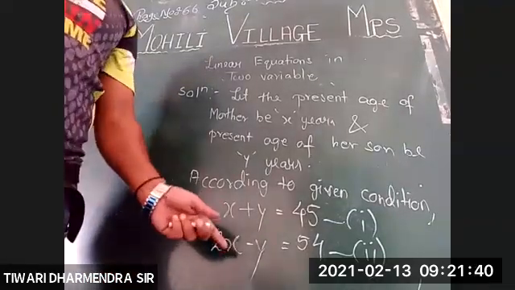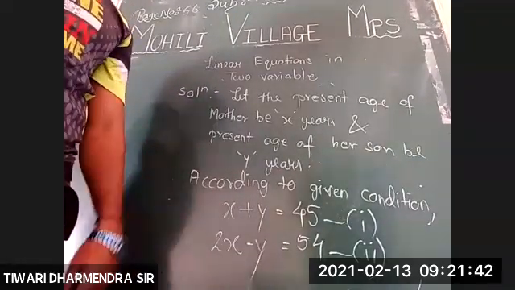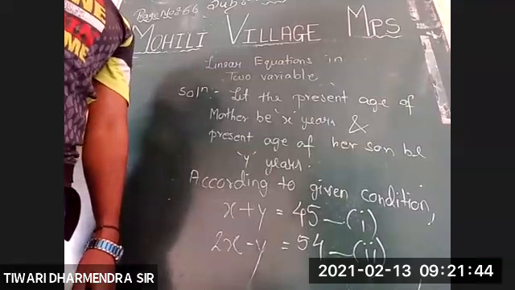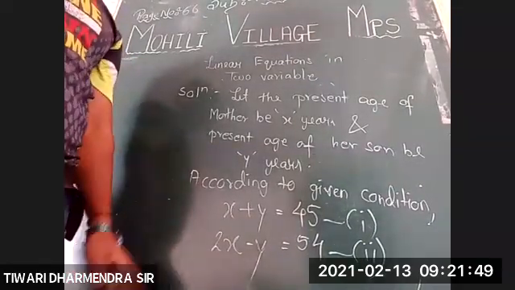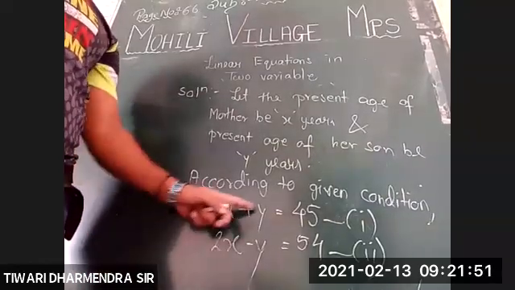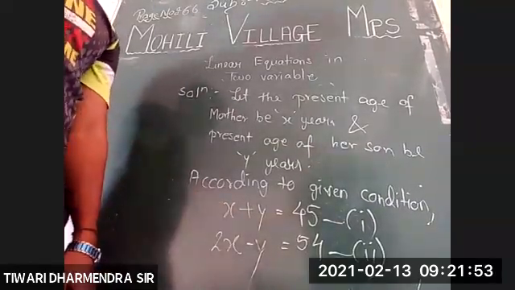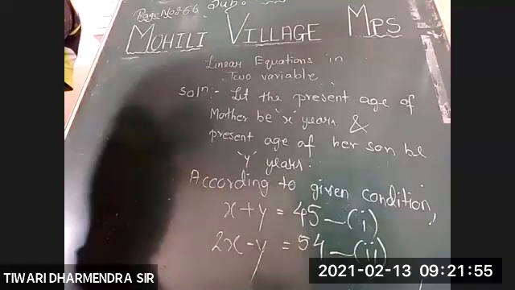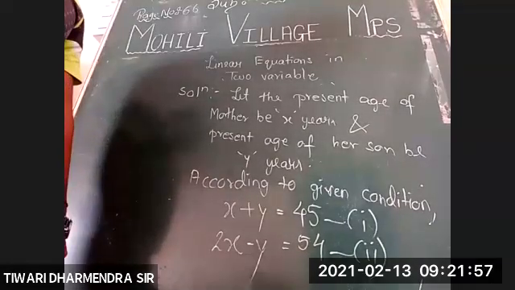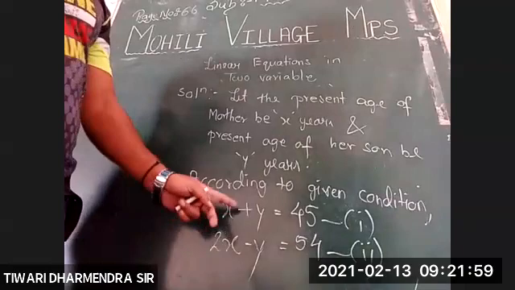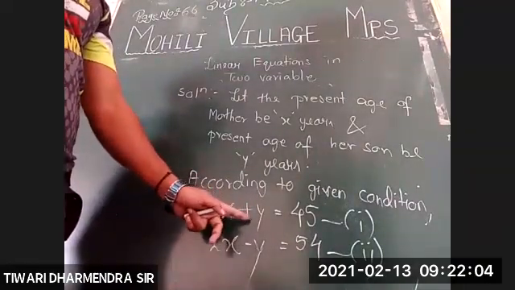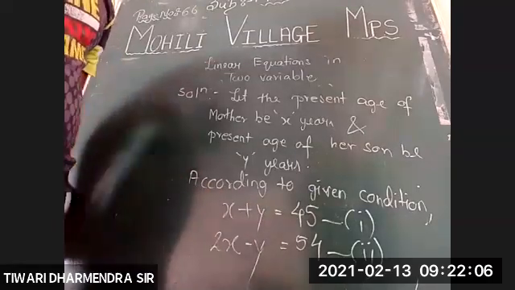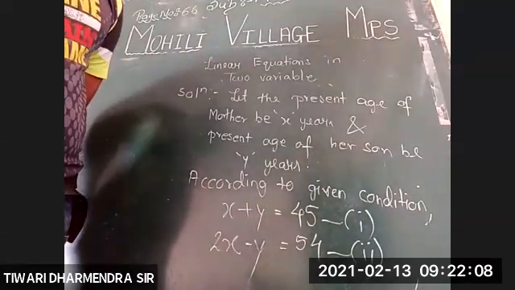So according to the given condition, we have framed two equations in two unknowns. Unknowns means variables, which need to be found. So here also we can see that we are having the variable y, which is opposite in sign.